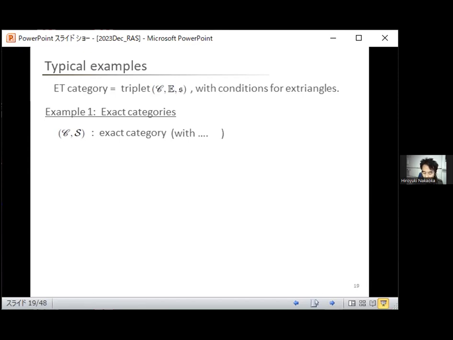So starting from an exact category, for any pair of objects A, C in the category C, we can define the group E(C, A) in this way. So it is a set of equivalence classes of conflations starting from A and ending in C. And the equivalence relation is the same as before.